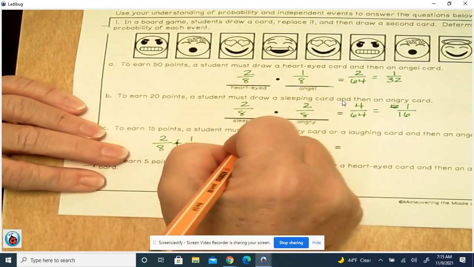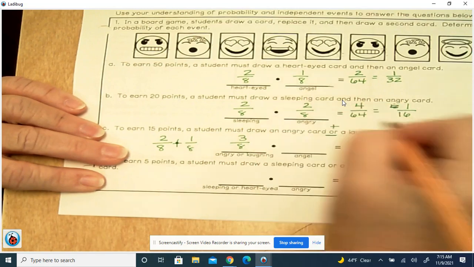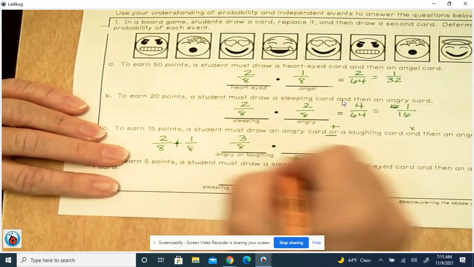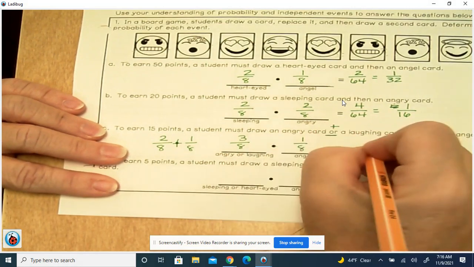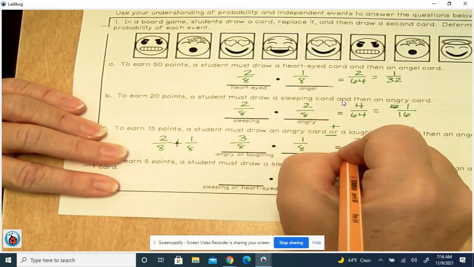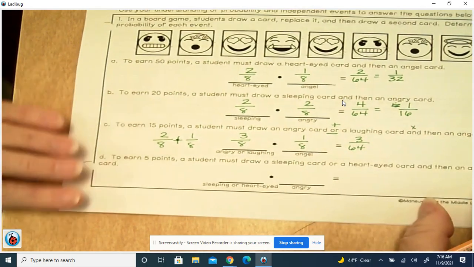So that gives us 3 out of 8, because this is "or." Or means to add, and "and" means to multiply. So we've got 3 eighths, and then the angel card is 1 out of 8. So that gives us 3 out of 64, and that can't be simplified.